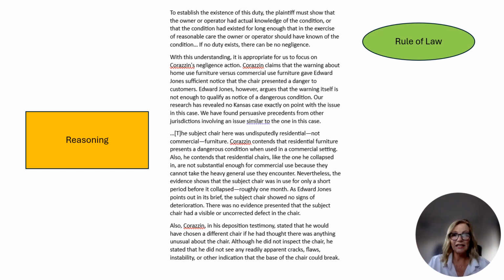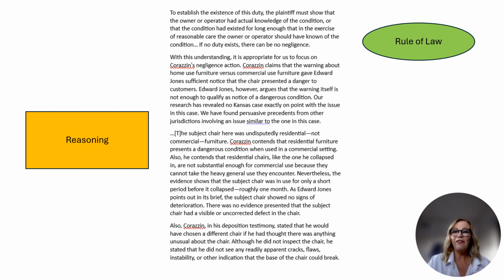So what's the reasoning? In this case, we have to take the facts. Reasoning is always applying facts to law. Facts to law is the reasoning. The reasoning in this case is, what did we have to show? That they had actual knowledge? Well, the only thing that the plaintiff is arguing is, well, they had actual knowledge because there was a tag on there and it said for commercial use only.